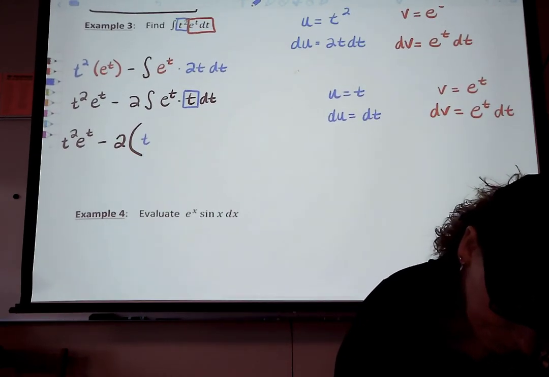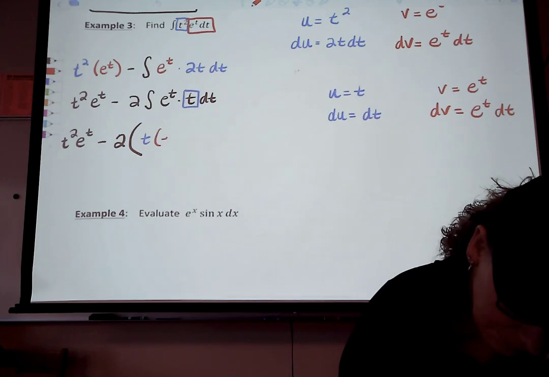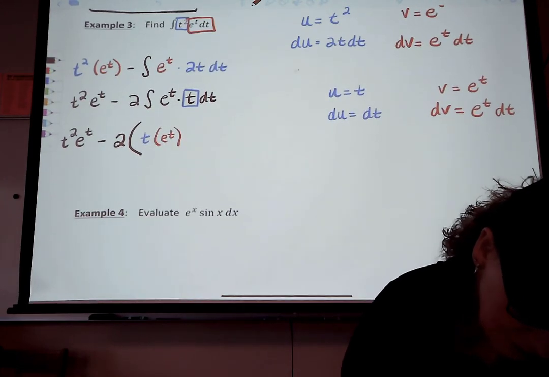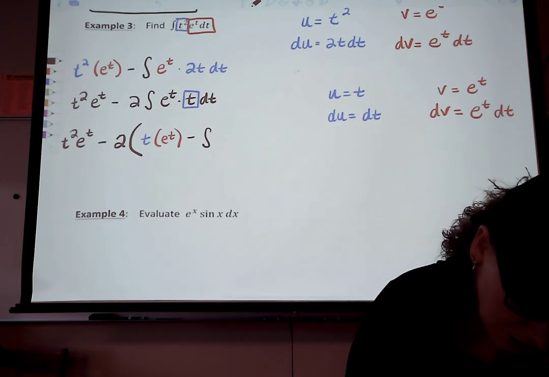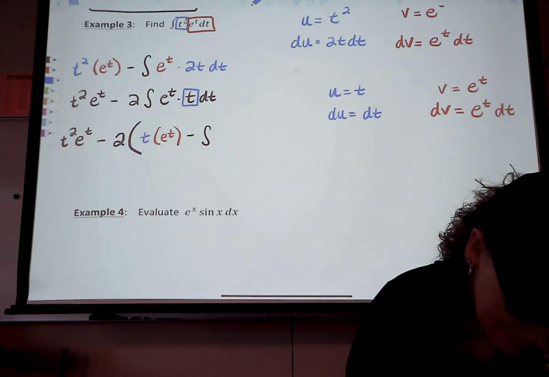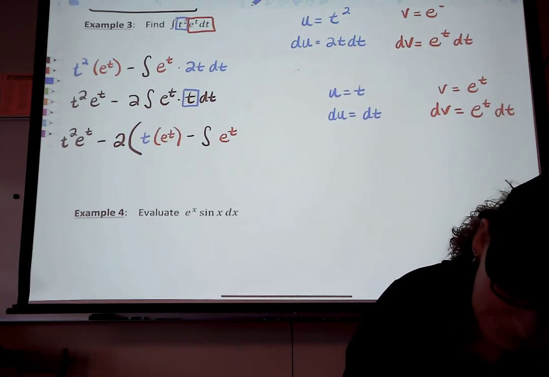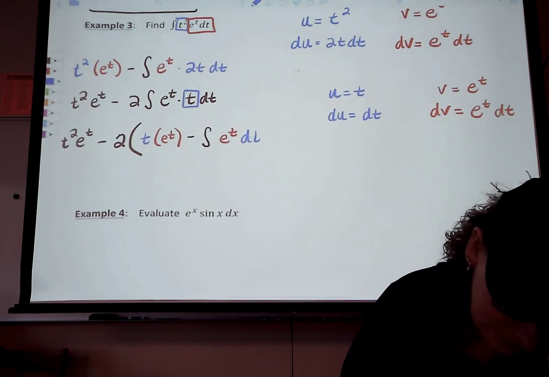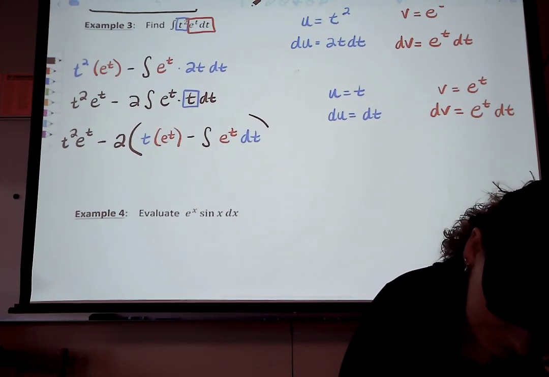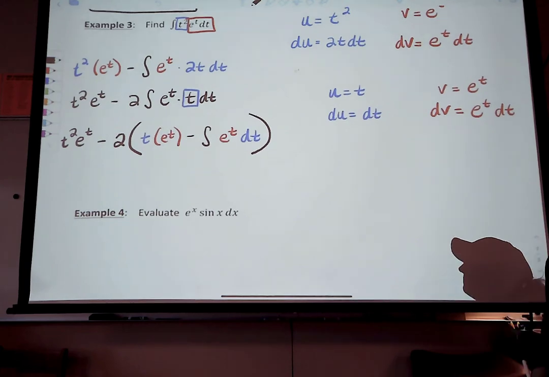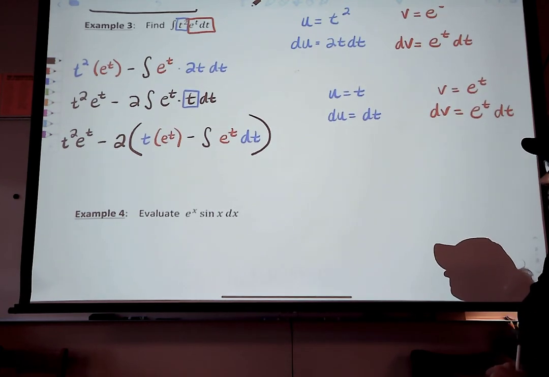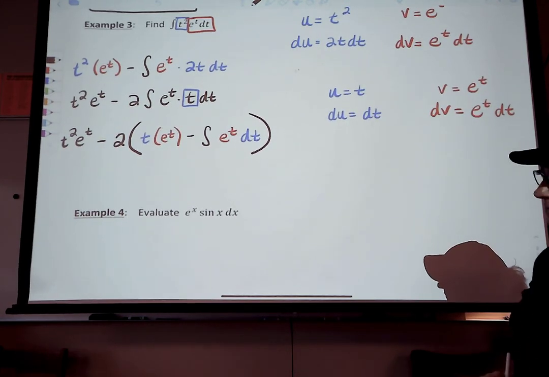U v minus the integral of v du. Aha. That's doable. Right?